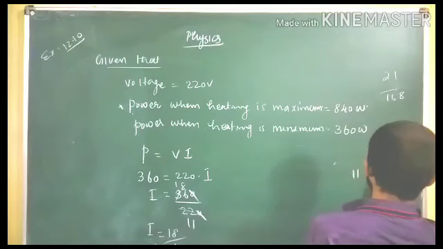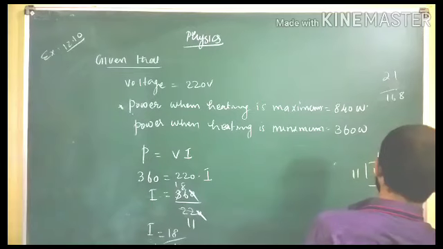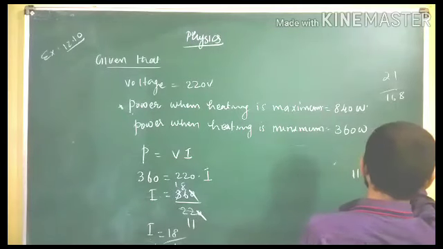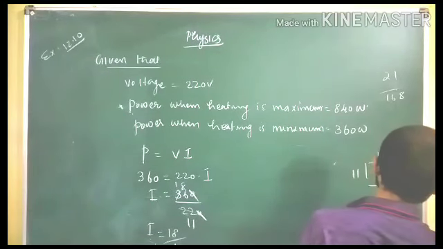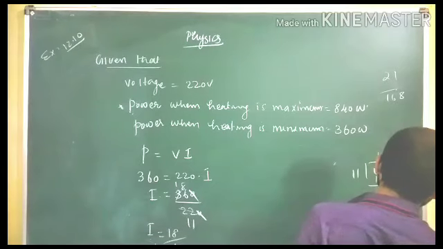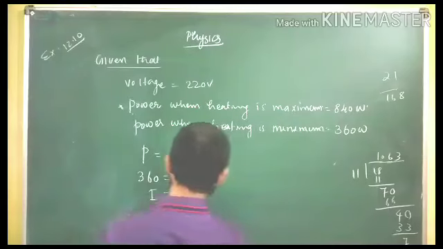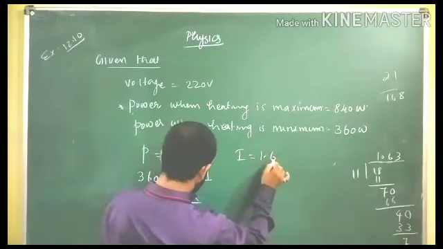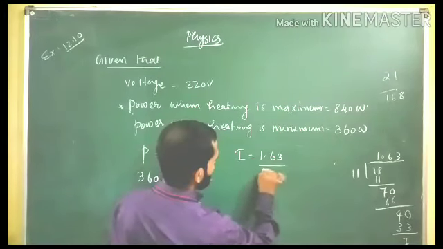So this will be 6 into 11, that is equal to 66. Now 4 left, then 0, then 3 into 11, 33. Now this will be 7. So 1.63. So you can say I will be equal to 1.63 ampere.